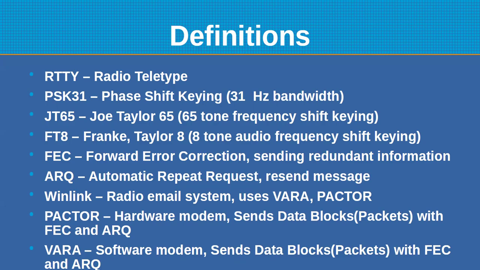VARA is similar to Pactor, but it's a software protocol, or we call it a software modem. That's what's typically used today instead of Pactor. It does the same kind of thing. It sends the packets that are put together by WinLink. And it's essentially delivering mail and reading mail messages.